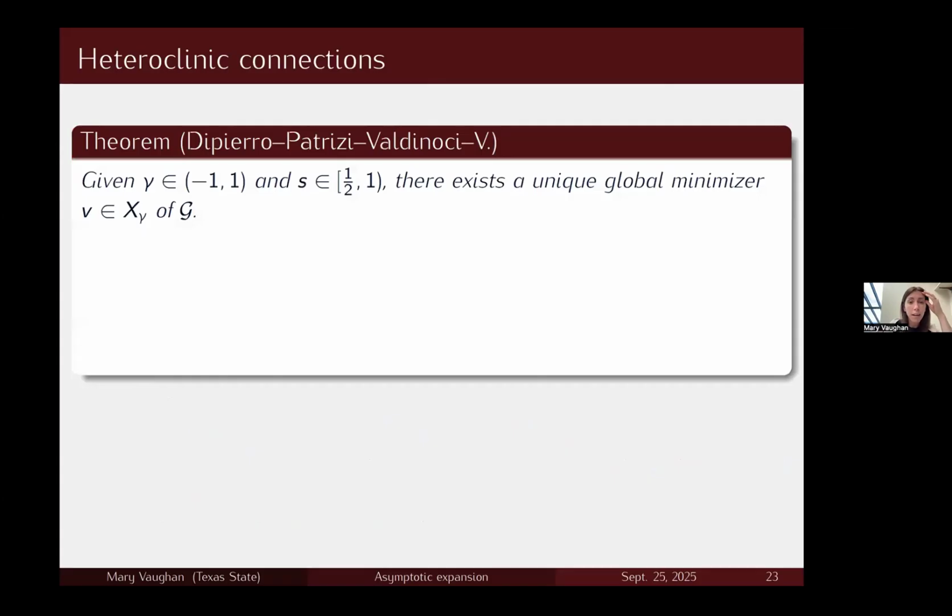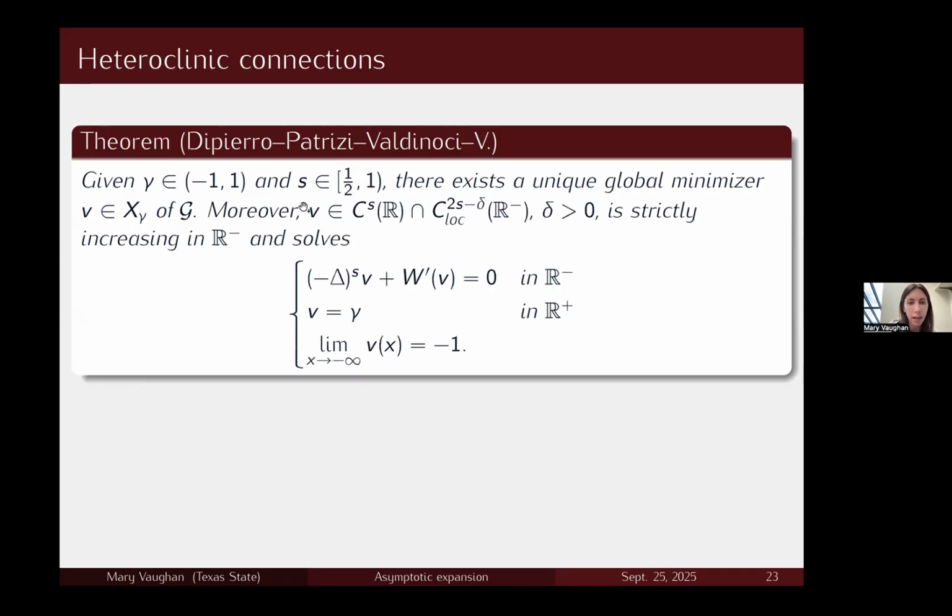So the last thing I'll say, if you'll allow me just one extra minute, we did prove existence and uniqueness of global minimizers for this connection connecting -1 to gamma. So that's what this is saying. There exists a unique global minimizer in our class.